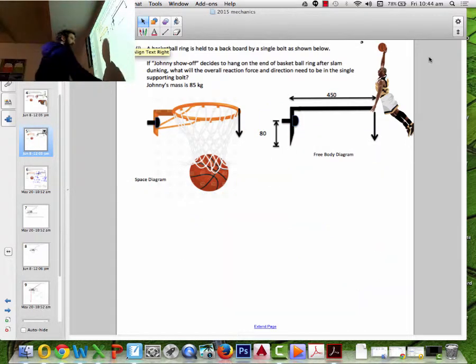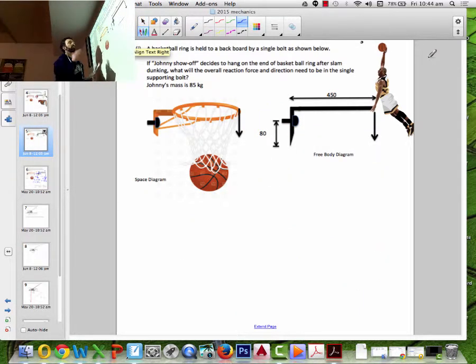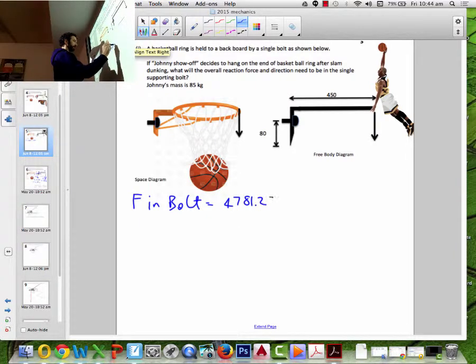Okay, so on the previous page, I found out that the force in the bolt was equal to 4781.25 newtons. That was this force acting here.